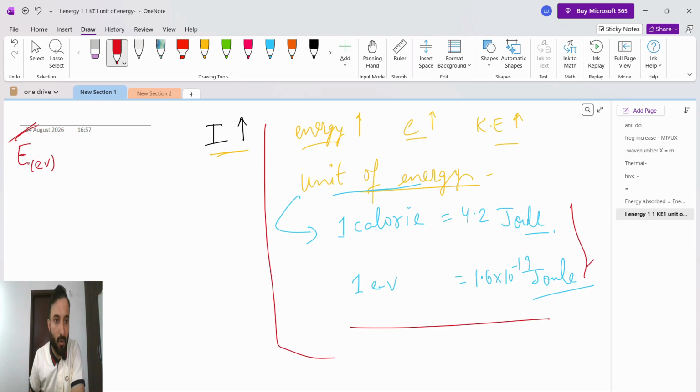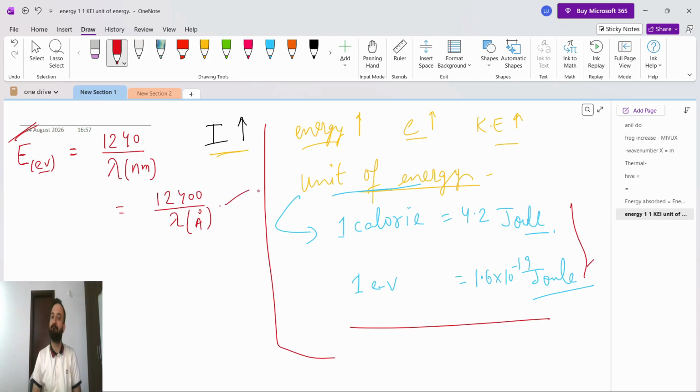If they tell you to find the energy in electron volt, we directly use 1240 divided by lambda, if lambda is given in nanometer. Otherwise 12,400 divided by lambda, if lambda is given in angstrom.